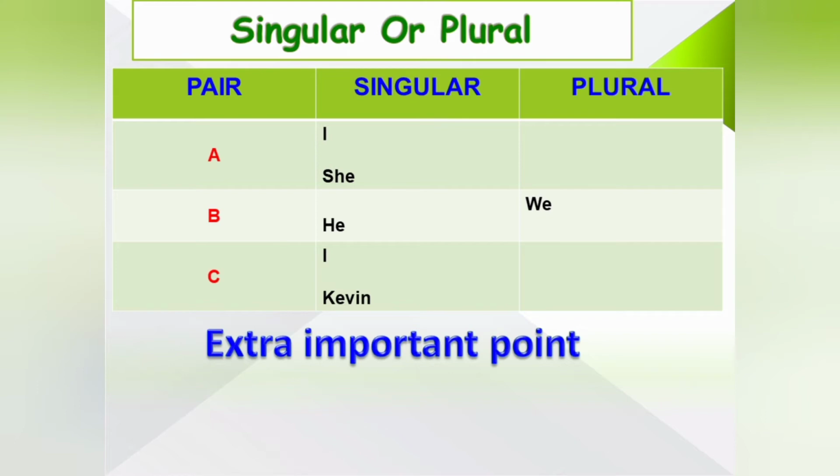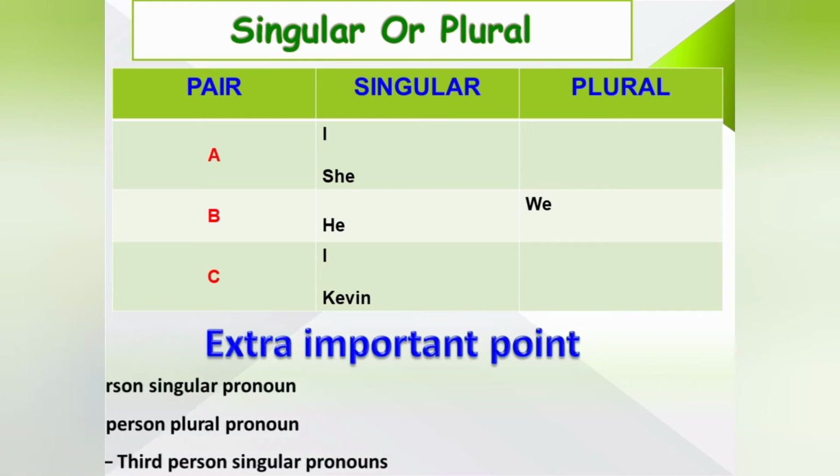So the reason is this. I is a singular noun as well. He, she, it, Kevin, or one object depict the same class.